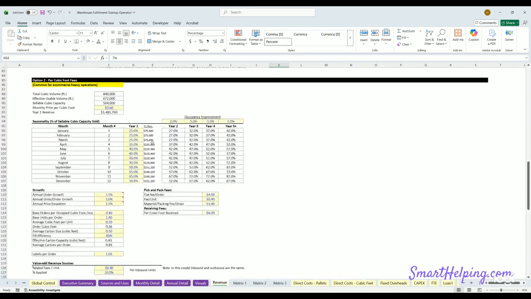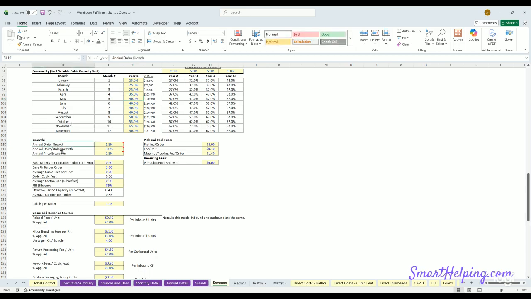Since it's only one thing, total space, this is just allowing you to define how much of that total space is occupied in a given month, and how that changes over time. And that will be multiplied by your cubic capacity and your assumptions down here to figure out how much throughput your warehouse is doing.